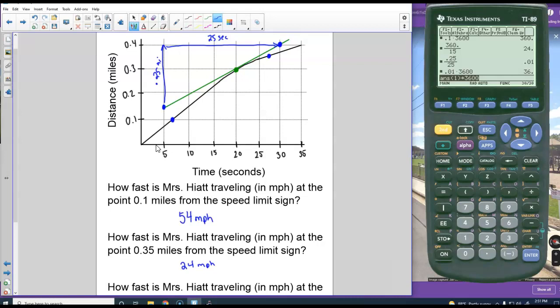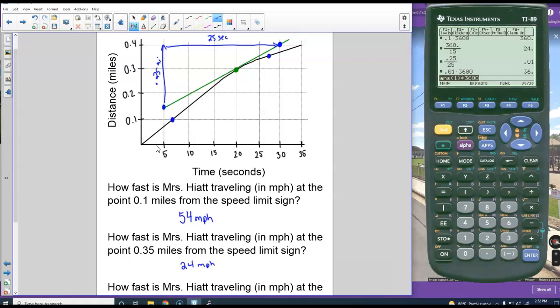So if you get a speeding ticket, that cop had a radar gun and he shot my car with the radar gun, and it told how fast I was going at that exact moment. It didn't matter how far I had gone, or an average speed. Like you could drive from here to Winston in an hour, and your average speed might be 55 miles an hour.